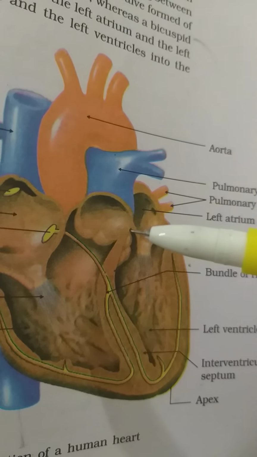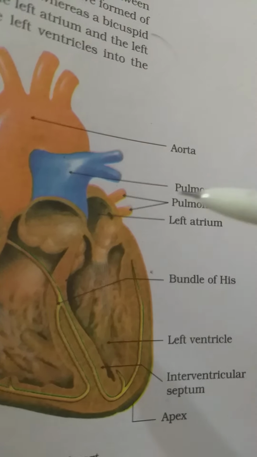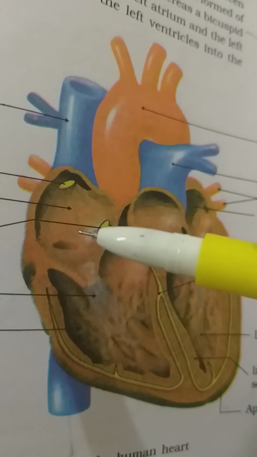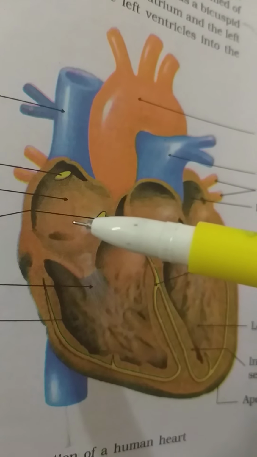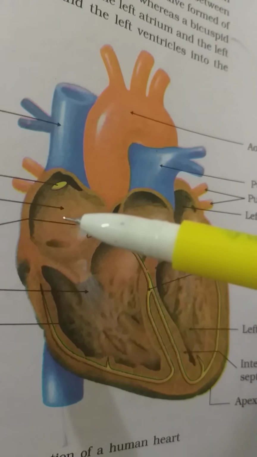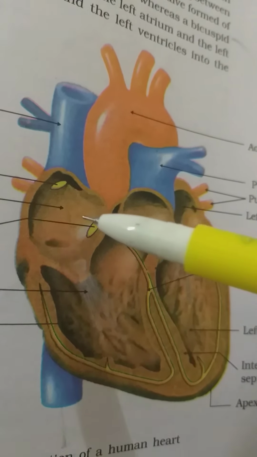So left atrium receives oxygenated blood through the pulmonary veins, but right atrium receives deoxygenated blood through the vena cava. So deoxygenated and oxygenated blood are completely separated. They do not mix up.